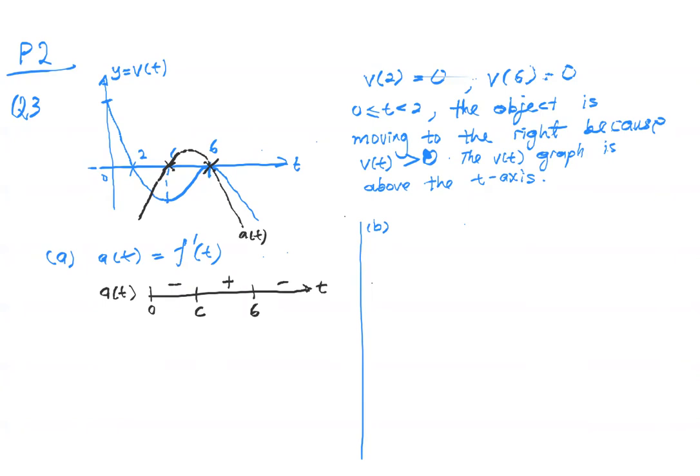So now, if you want to get the displacement graph, I must have 2 sign diagrams. Okay, so now I produce the velocity sign diagram first. So I know I have to mark down these 2, correct? So I mark down 2 and 6.